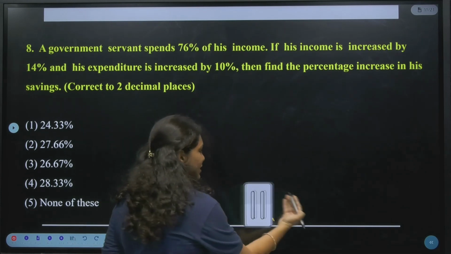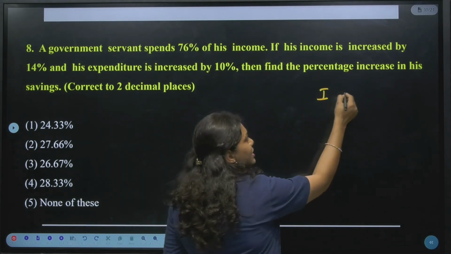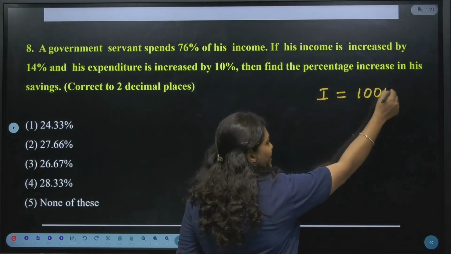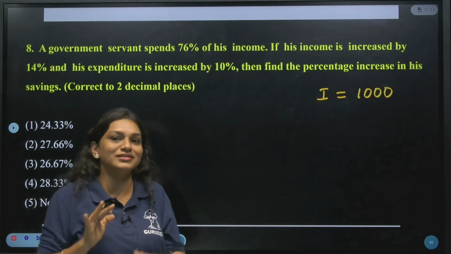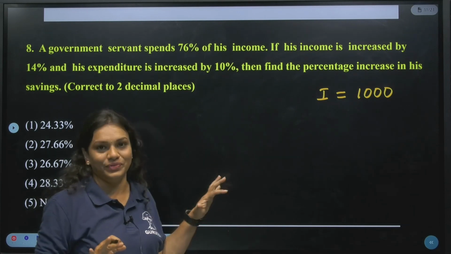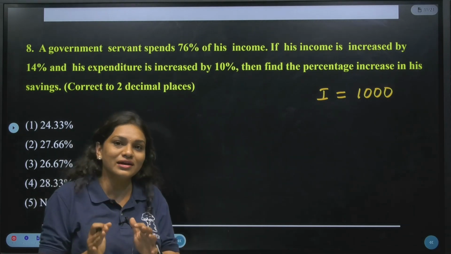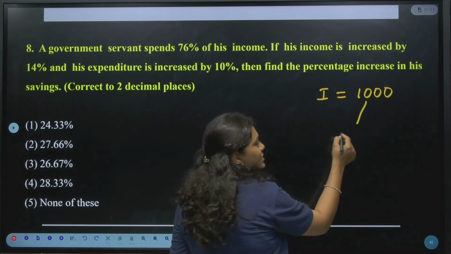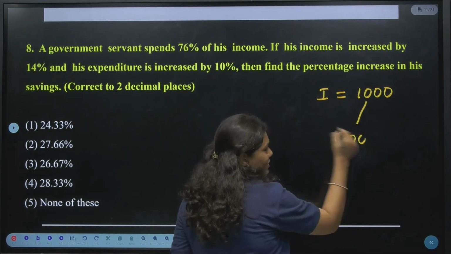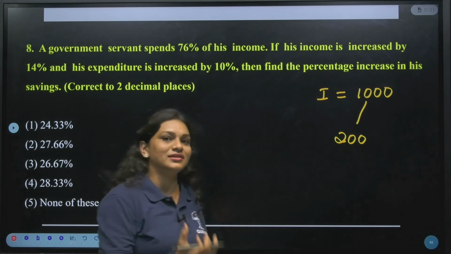Suppose the income of a person is 1,000 rupees. Madam, this much low income? Just try to understand, I have taken it as an example. Suppose a person's income is 1,000 rupees. Out of this 1,000 rupees, they spent 200 rupees. Spent means it is the expenditure.